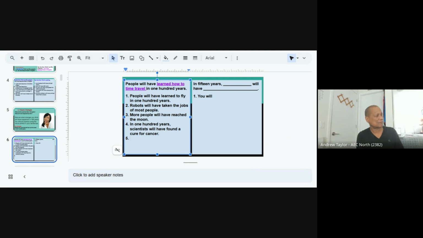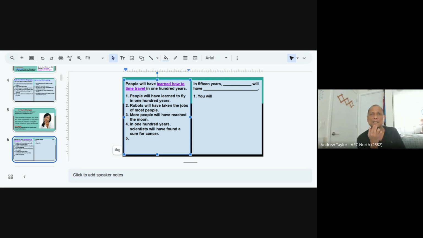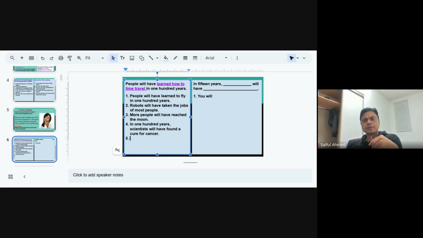Yes, Saiful. Hyperloop system will have replaced aeroplanes for long distance. So what is this? Hyperloop system, sir. What is Hyperloop? So Elon Musk invented one Hyperloop, a speedy vacuum loop.